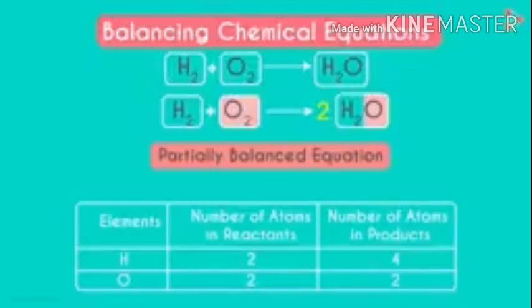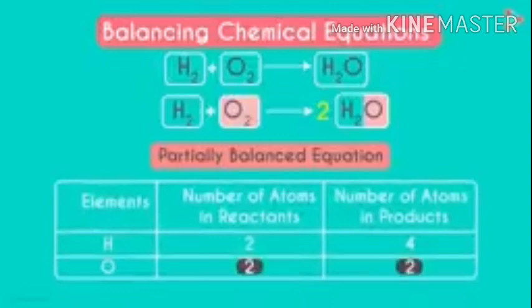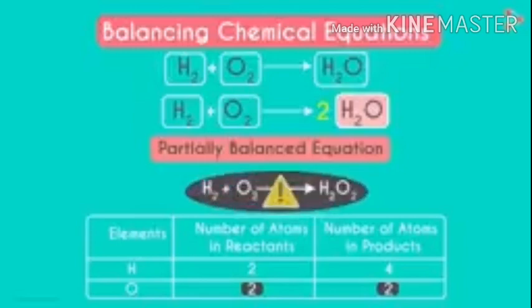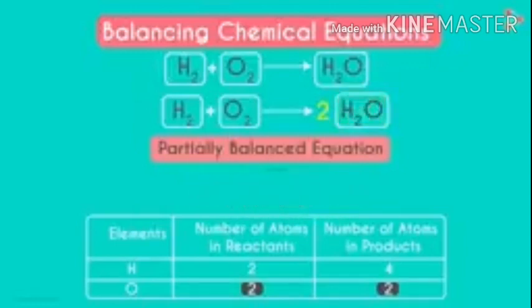Also remember, you cannot change the formula of the compound or element that is already involved in the reaction, which means to balance the oxygen atoms, we cannot change H2O, that is water, and write it as H2O2. This would be incorrect. Let us go to the partially balanced equation now. The number of oxygen atoms on each side is balanced.